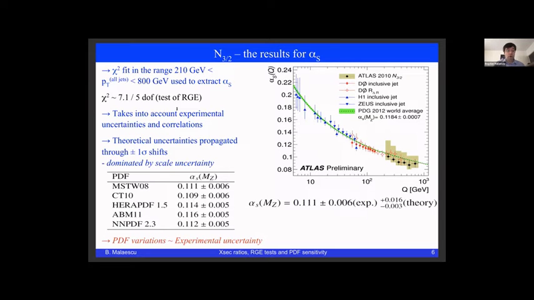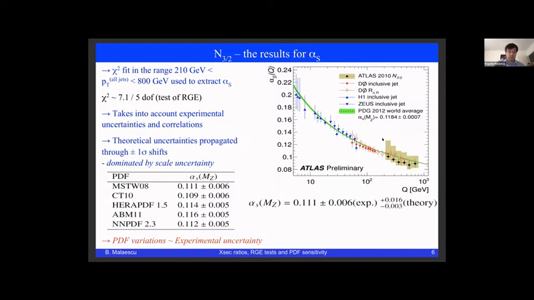The theoretical uncertainties are propagated through plus or minus 1 sigma shifts in order to avoid constraining this theory. Therefore, maybe this chi-square is a little bit too pessimistic. This result, as you can see in this plot and also in the numbers here, was at the time at NLO dominated by scale uncertainties.